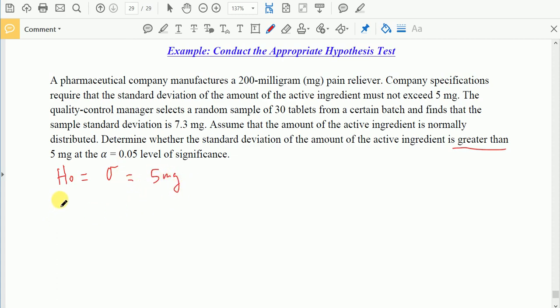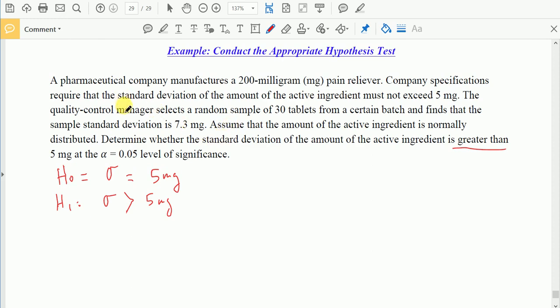And now the alternative hypothesis, you want to claim that this one is bigger than 5 milligrams. So bigger than, this is the right tail, okay? And this one is all about the standard deviation, so we will do something with the chi-square testing, okay?